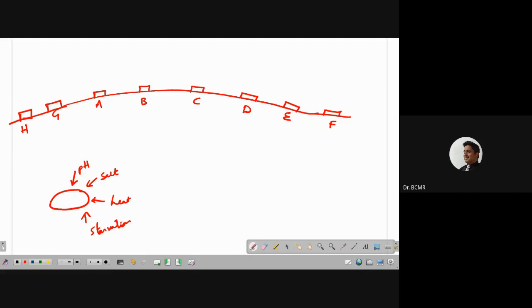So what is this related to in terms of transcription? Say, for example, in pH you have two different types, right? Acid and alkaline conditions. Different bacteria have different optimal pH, salt concentrations, temperature, and ability to withstand starvation, and so on. I'm just talking in terms of E. coli, Escherichia coli that's in our gut.